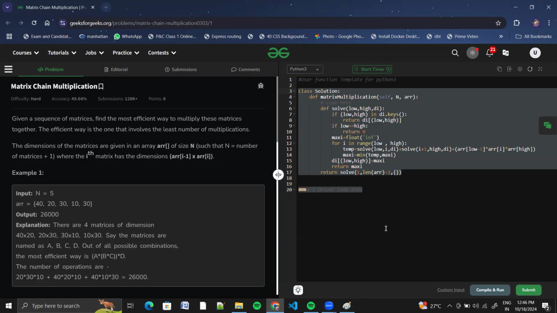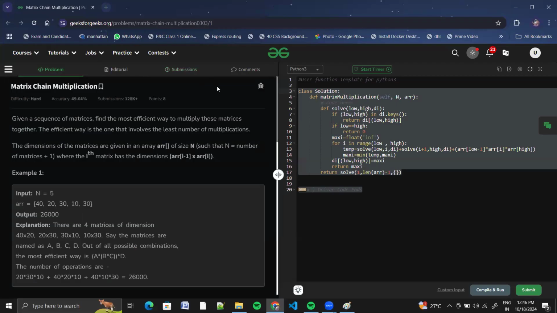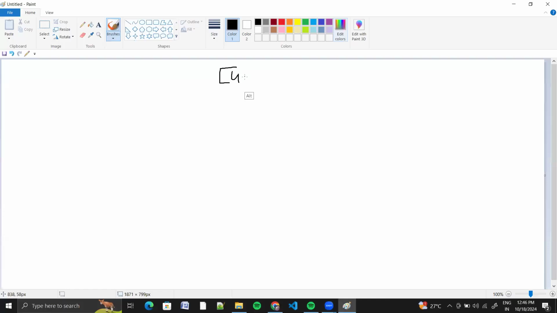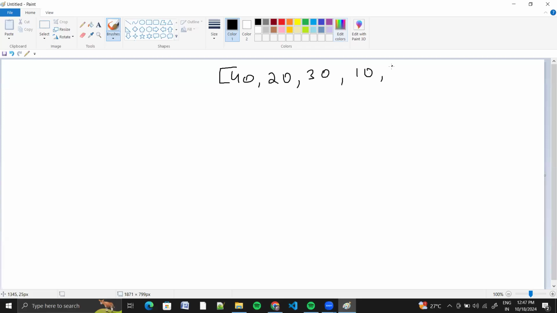Okay, so I'll simply explain the concept using an example. So in the question we have, let's say, n equals 5, and the array 40, 20, 30, 10, 30. So there is matrix A, which is of size 40 into 20.